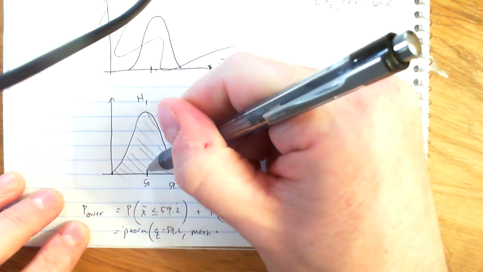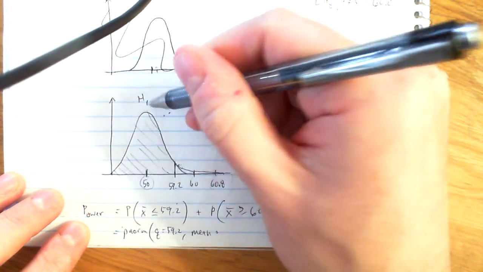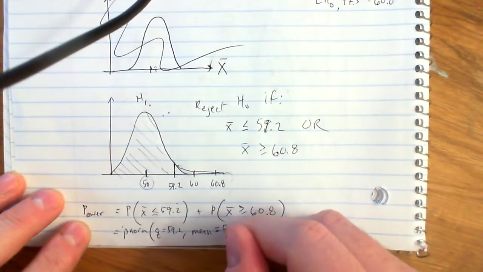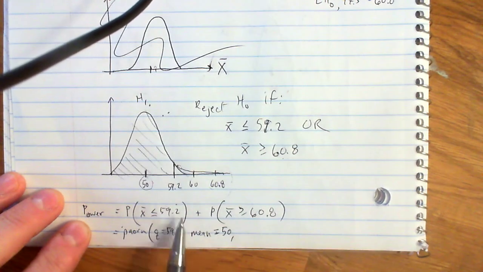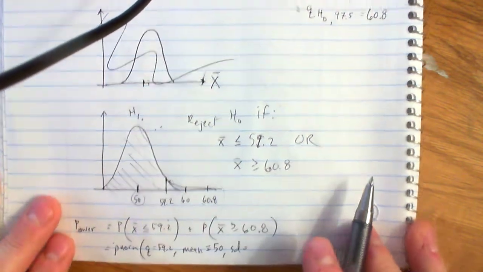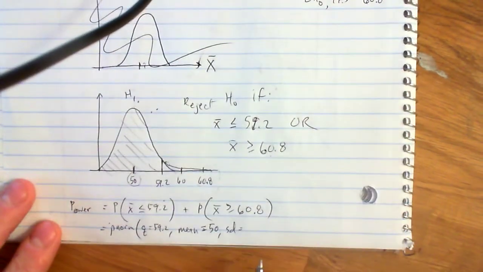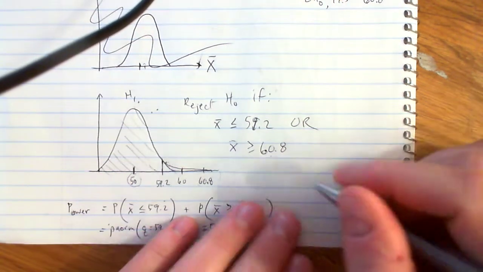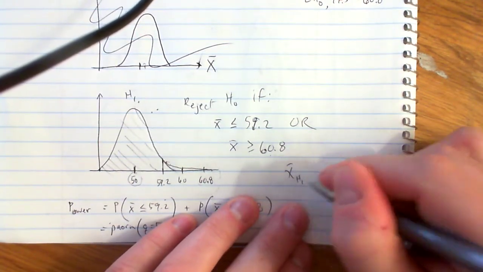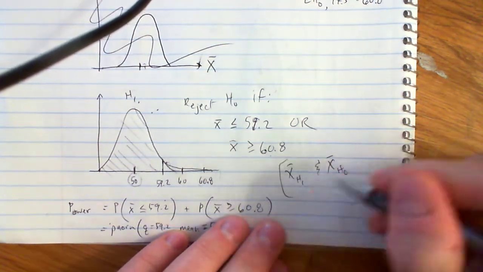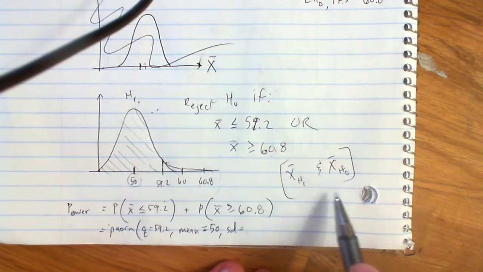So we're sampling from the actual alternate hypothesis, which has a mean of 50. And the standard deviation, when we do testing two means, it's the same standard error for x bar H1 and x bar H0. They have different means, but they have the same standard error.